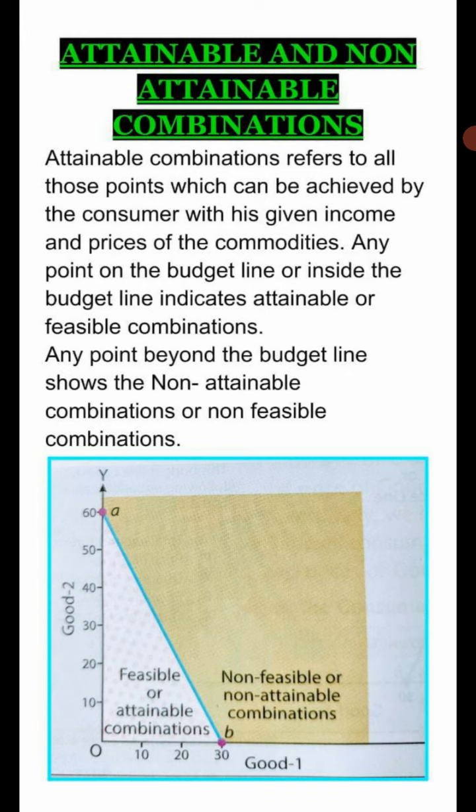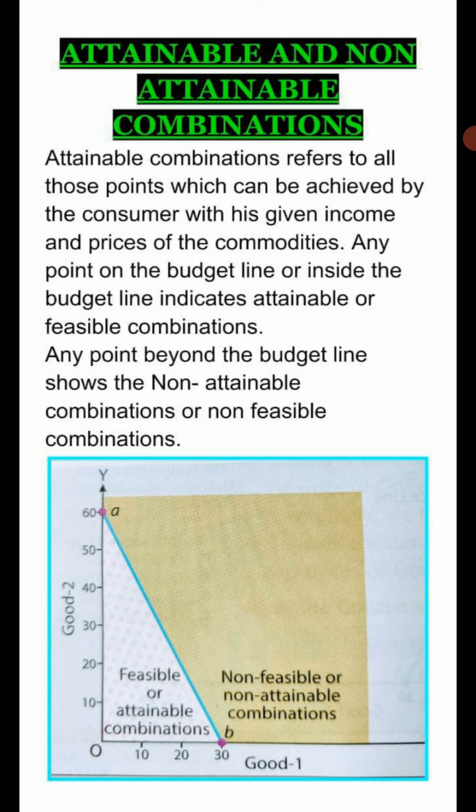If we talk about the attainable combination, it refers to all those combinations or points which can be achieved by the consumer with the given income and prices of the commodities. Diagrammatically, any point on the budget line or inside the budget line indicates attainable or feasible combinations, and on the opposite side, any point beyond the budget line, that is beyond the AB line, in the yellow shape, will be considered a non-attainable combination.